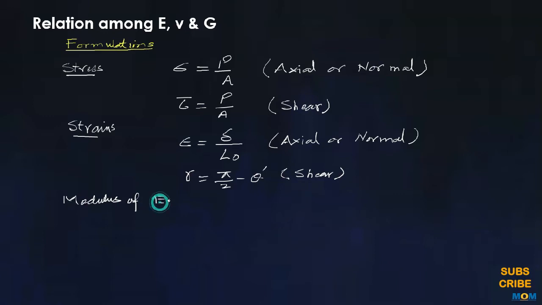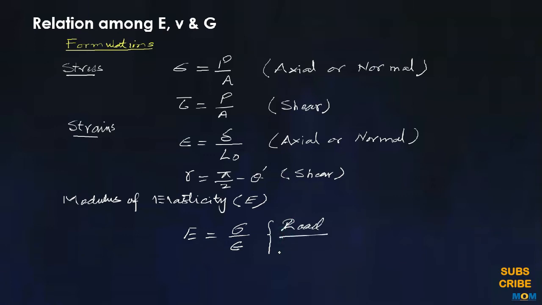Then we have discussed the modulus of elasticity, represented with symbol E. Now this E is equal to the stress upon the strain. Now this stress is the load upon the response in terms of that strain.